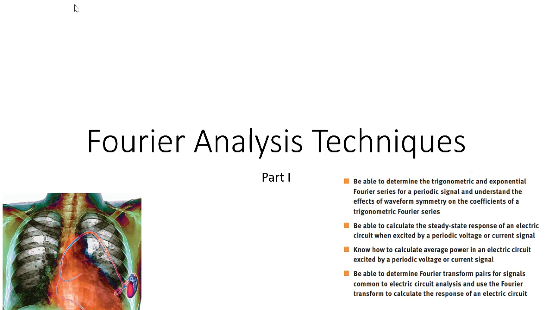After going through this chapter, we would be able to determine the trigonometric as well as the exponential Fourier series for periodic signals. So remember that the Fourier series will be dealt with for periodic signals.